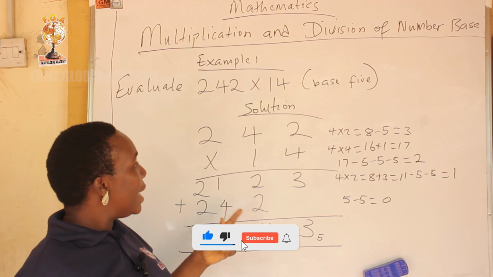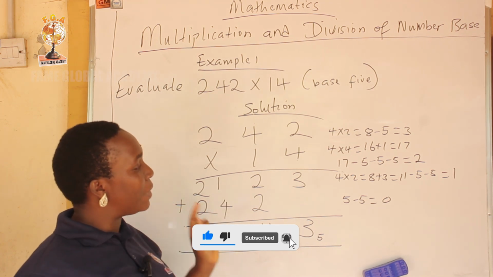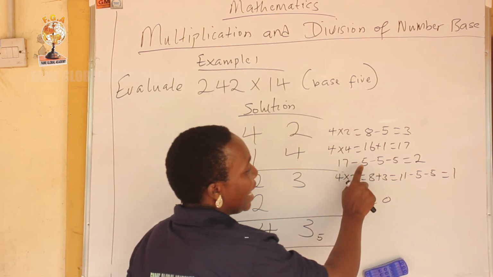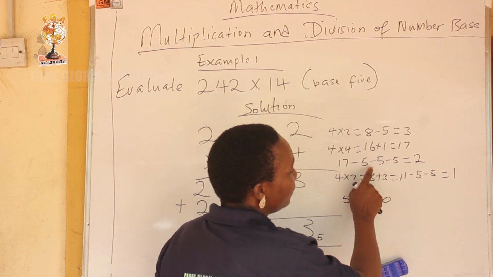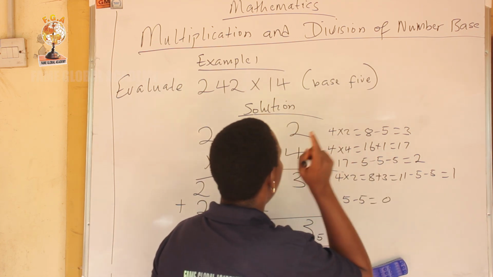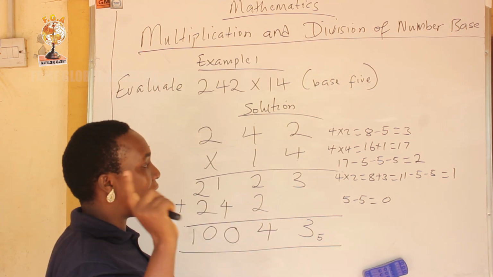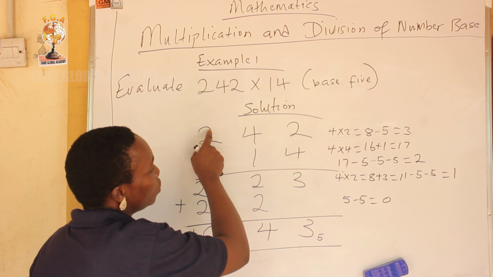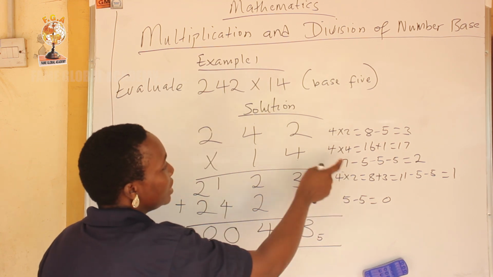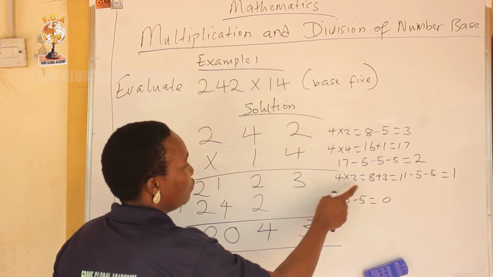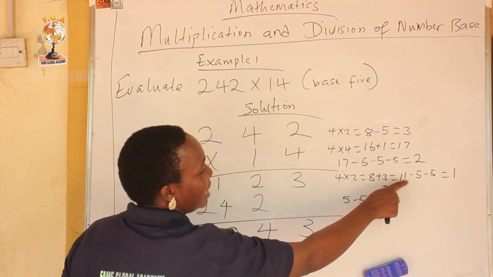Okay, so in the next one, after multiplying, you have to add how many times you subtracted 5. We subtracted 5 three times. 1, 2, 3. So when you multiply this last part, make sure you remember to add that 3. So it will be 4 times 2, which is what? 8. Plus the 3 times you subtracted 5, which is this 3. And that will give you what? 11.